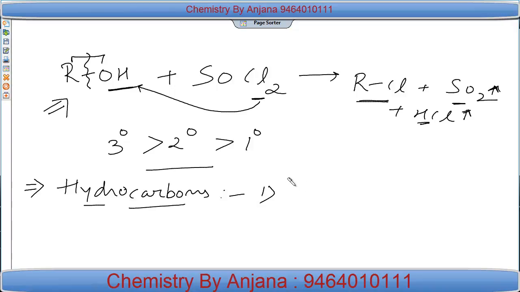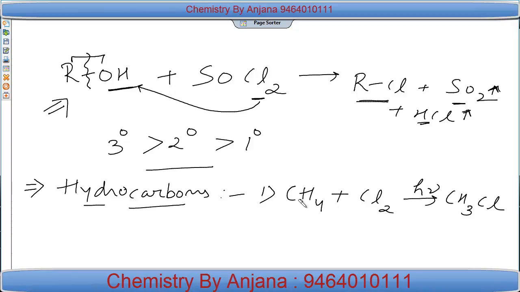Suppose we have the simplest alkane, that is methane. If I react this methane with a halogen in presence of light, maybe sunlight or ultraviolet light, that is hν. hν is an indication of the use of light. So methane reacts with chlorine in presence of light, and the result is methyl chloride.